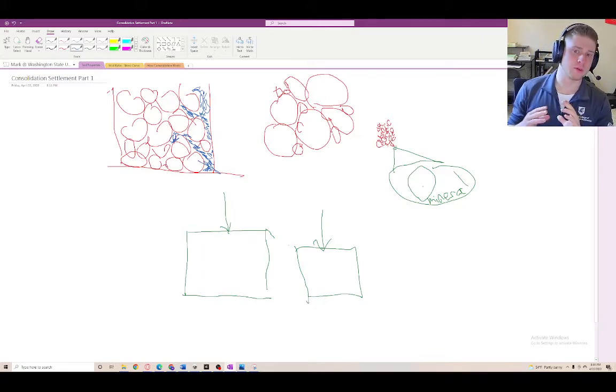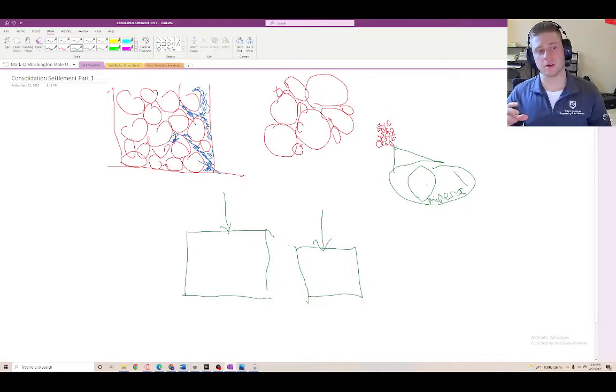And so the mineral skeleton, as we call it, is the backbone of the soil, and then the voids, depending how much there is, will affect the integrity of the soil.